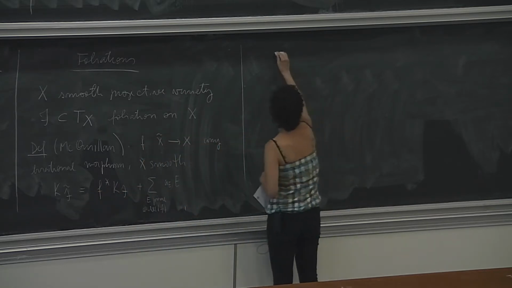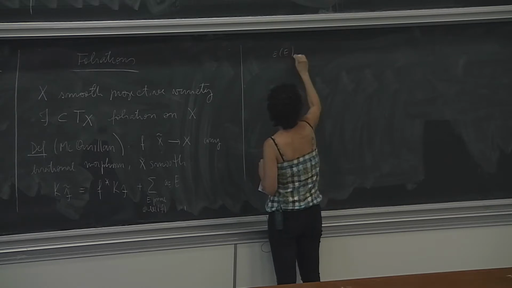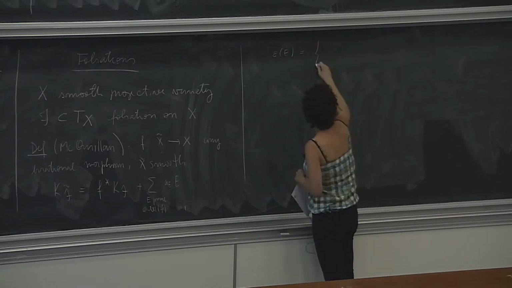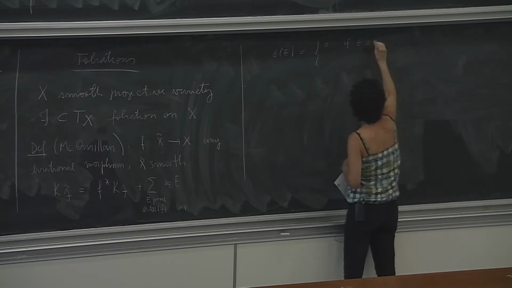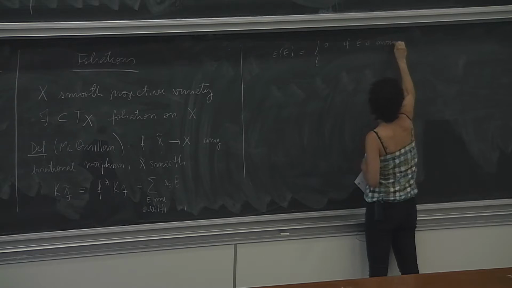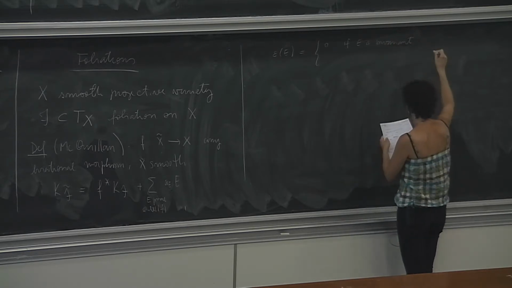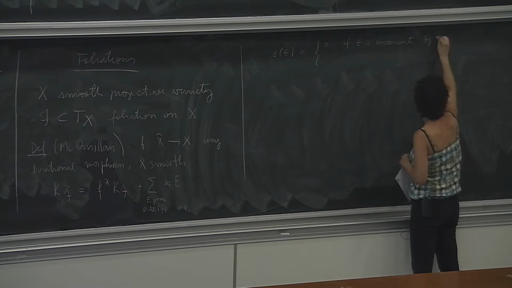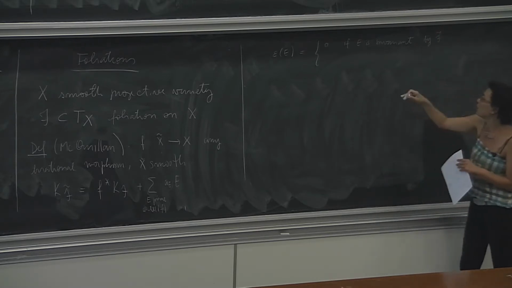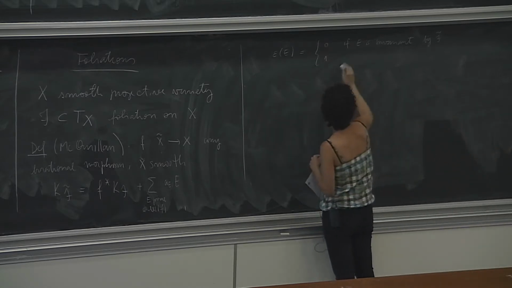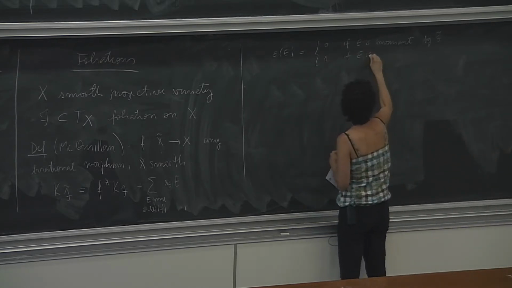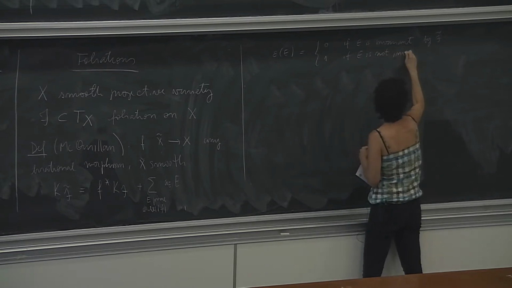So first we define ε(E) to be 0 if E is invariant by F tilde, and by that I mean that it is a union of leaves. And we say that it is 1 if E is not invariant by F tilde.